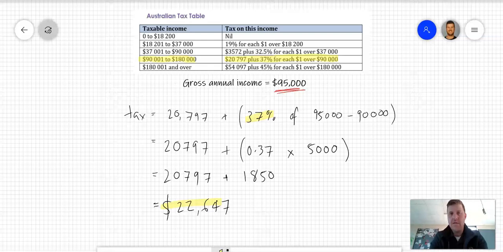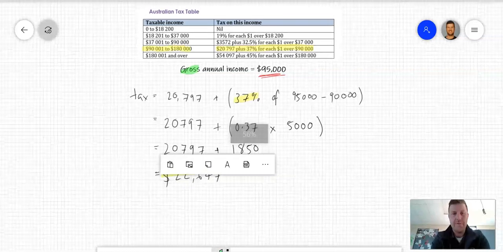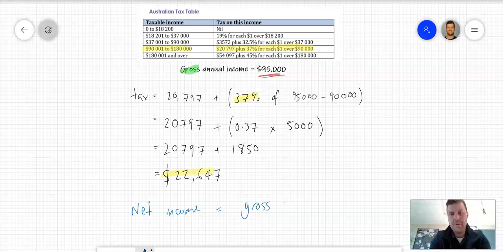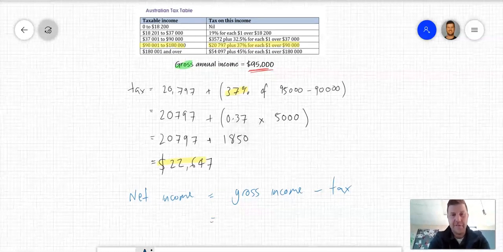Now, that's your gross. We spoke, well, my class anyway, about the meaning of gross income. So gross, remember, is before tax. If you were asked to work out what the net income was, remember, the net income is after tax. So the net income is equal to the gross income minus the amount of tax you pay. For this example, it's pretty straightforward. It's $95,000, which was the gross income.